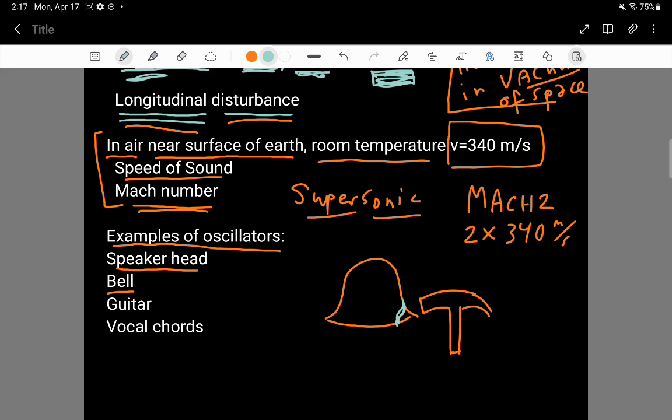The bell's elasticity causes the bell to be an oscillator, right? And so this bell oscillates. So the walls of the bell push out and pull backwards on the air surrounding the bell. And so what travels away are these sound waves.